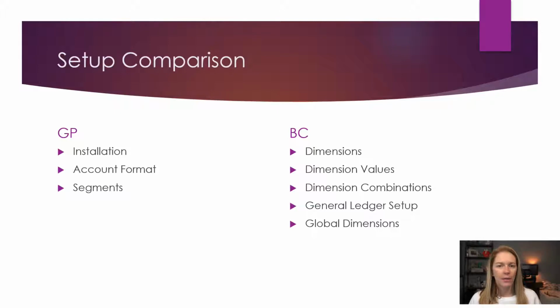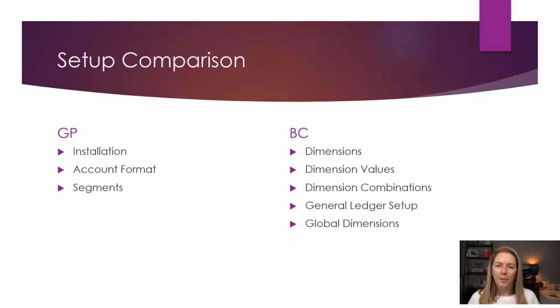This is one of the very first things I always teach people when I'm doing demos: the big difference between GP and BC in the financial area is segmentation versus dimensions. If you have ever used MDA or Analytical Accounting, that's the dimensional thought process, so that gives you a heads up. If you haven't, no big deal. We'll teach you how to understand the difference between those two.